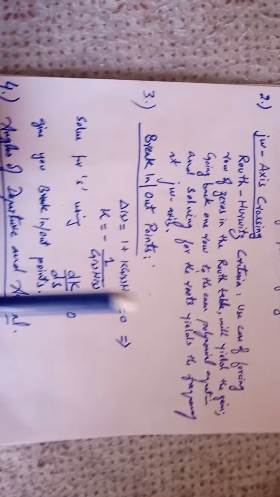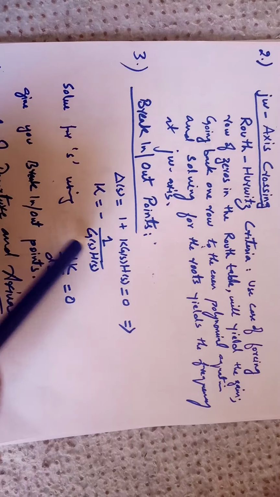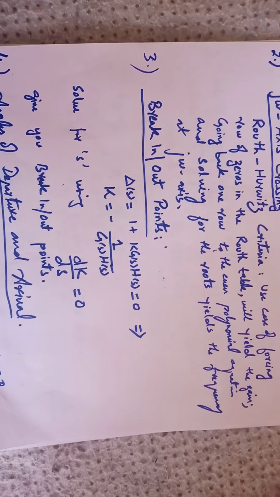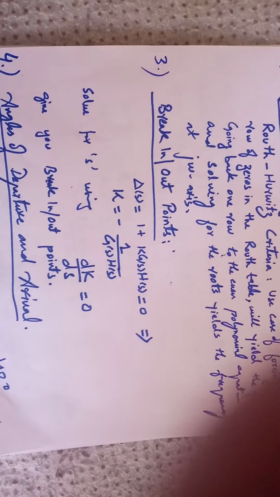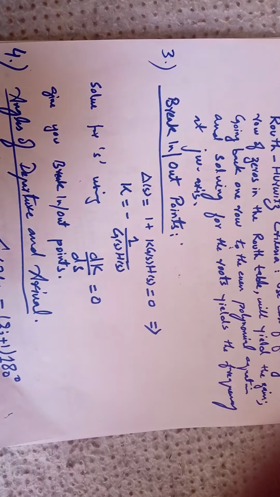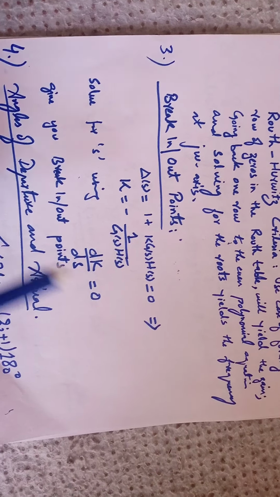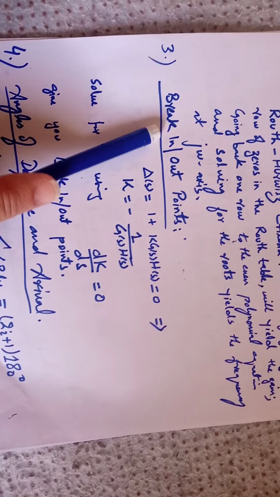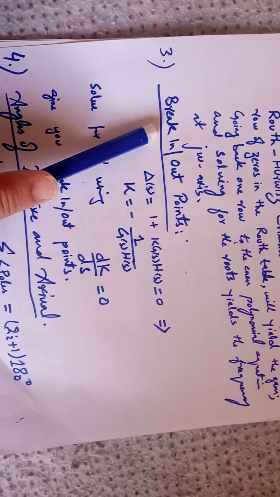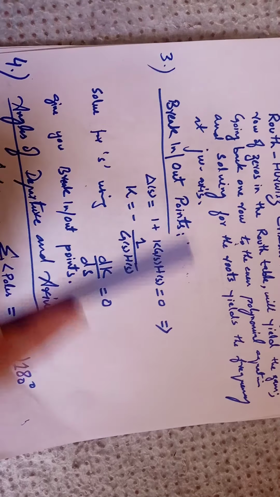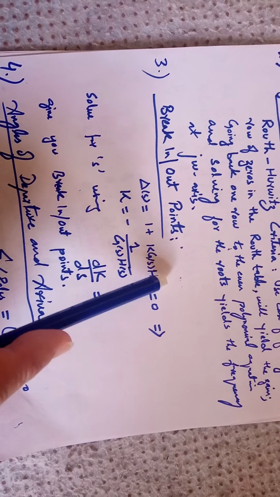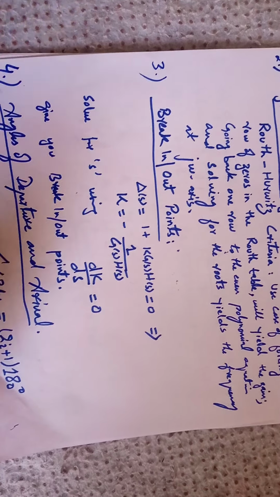Now after that there's another one. Whenever you have branches departing, you must know at which point on the root locus these branches depart. For that reason you need break-in or breakout points. Break-in points are where branches come in.